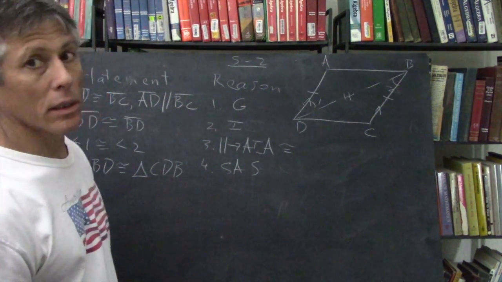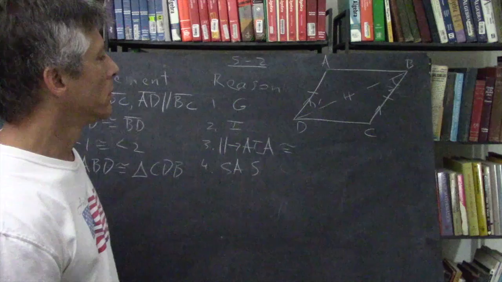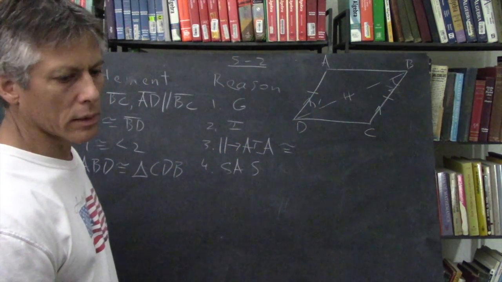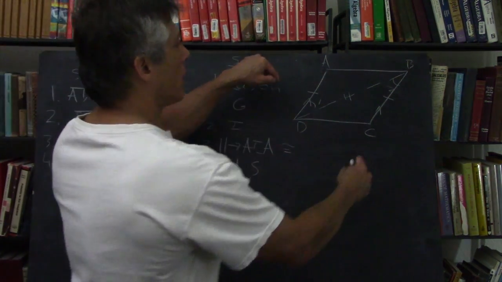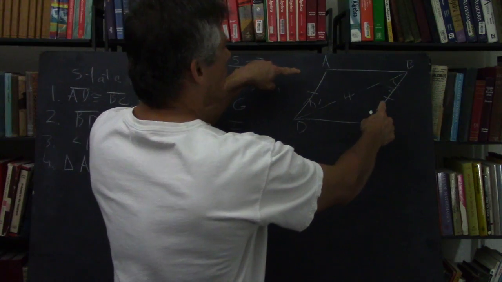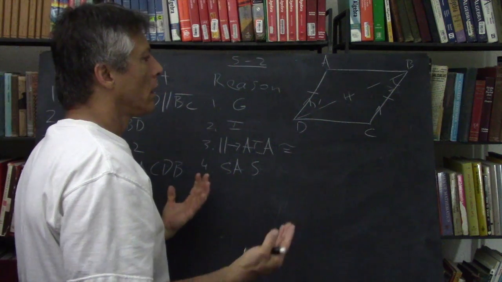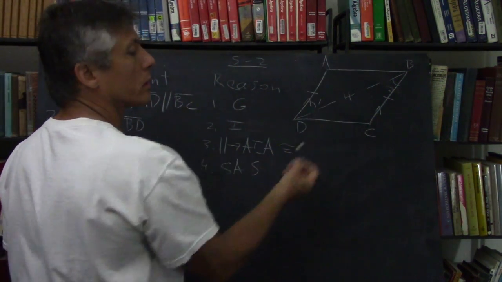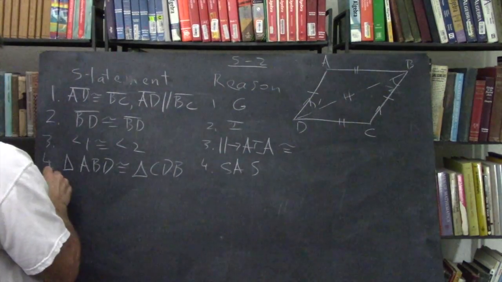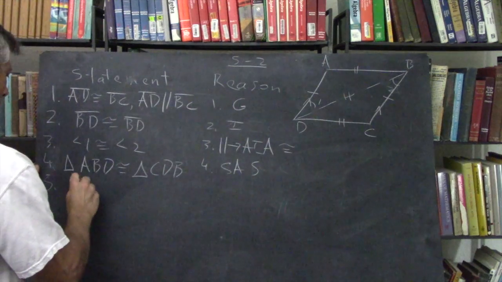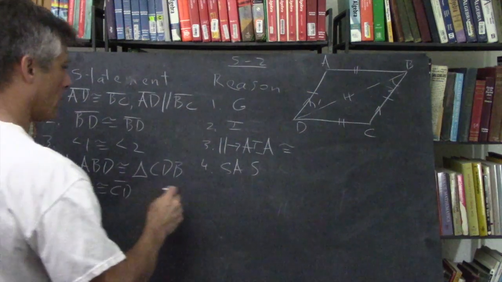But as a result, we know corresponding angles are congruent in opposite sides. Remember, the theorem we just proved says that if you have a quadrilateral and opposite sides are congruent, then it's a parallelogram. But because this triangle and this triangle are the same, we know that's congruent to that by CPCTC. AB congruent to CD.